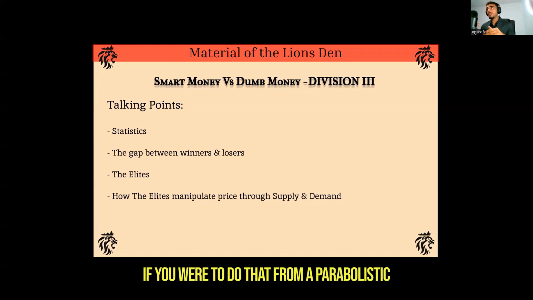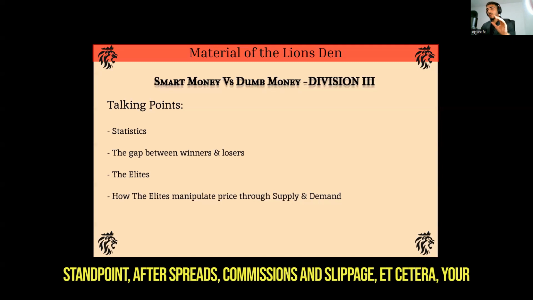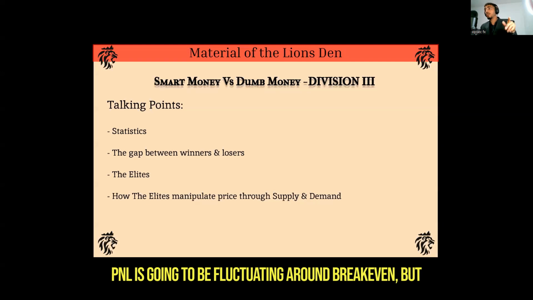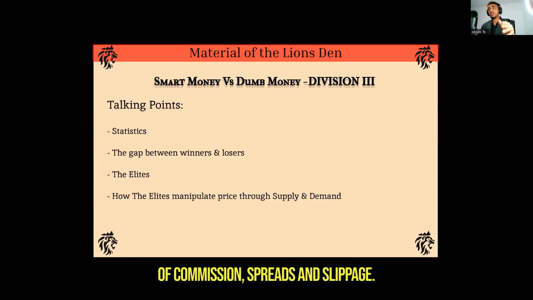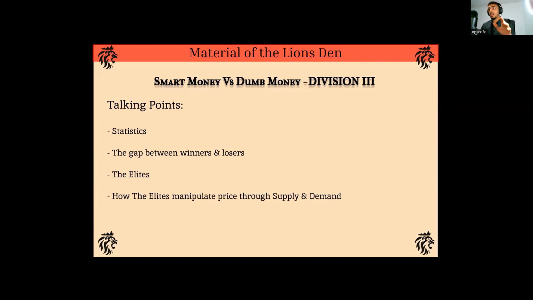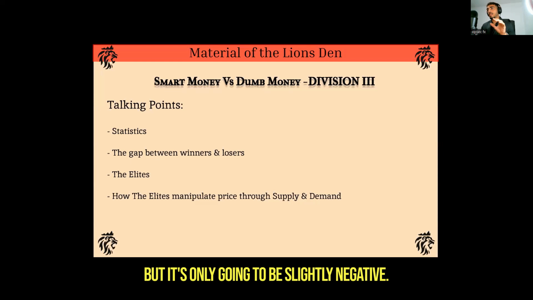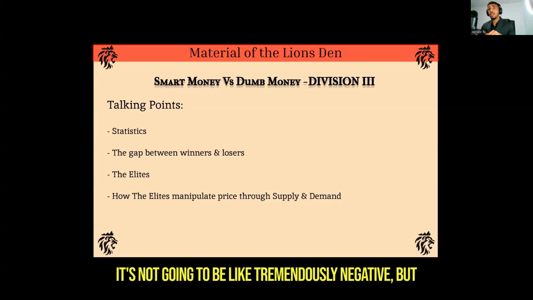If you were to do that from a probabilistic standpoint, after spreads, commissions, and slippage, etc., your P&L is going to be fluctuating around break even, but it's going to be leaning towards the negative because of commissions, spreads, and slippage. But it's only going to be slightly negative. It's not going to be tremendously negative.